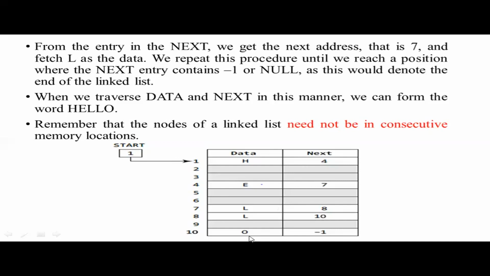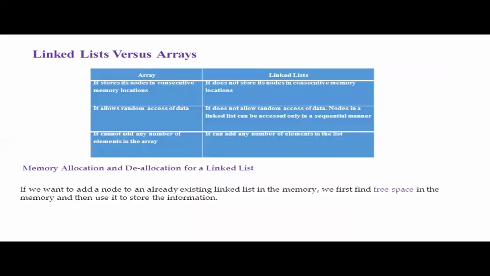Since this is the last node in this linked list, its next field is set to null. So null can be represented either as X or as -1. So this is how the linked list is represented in memory.